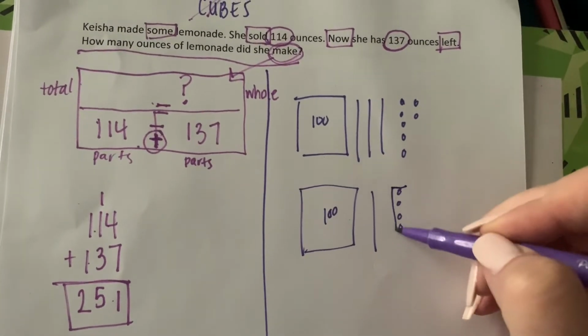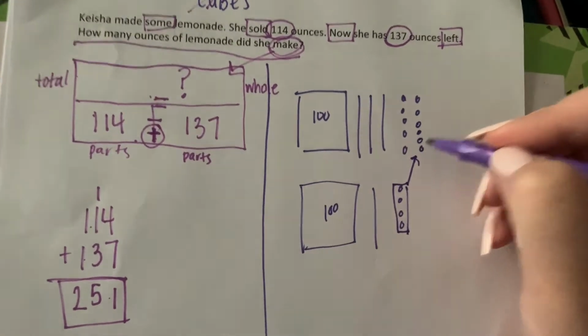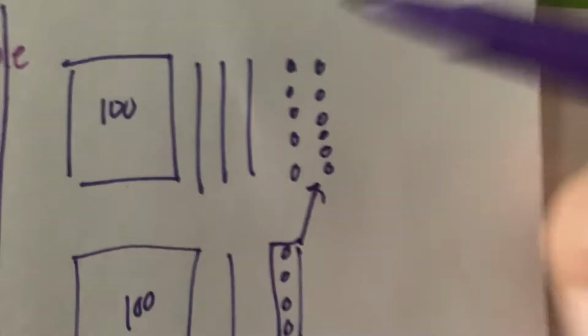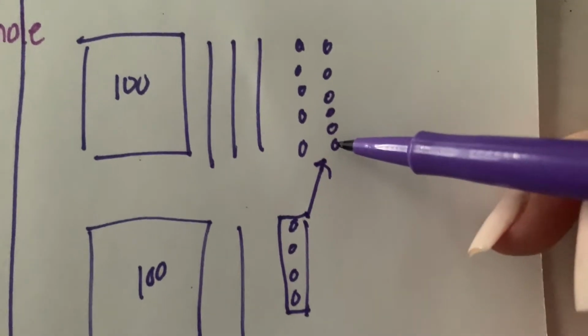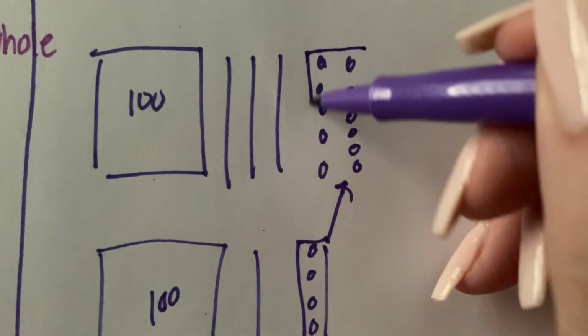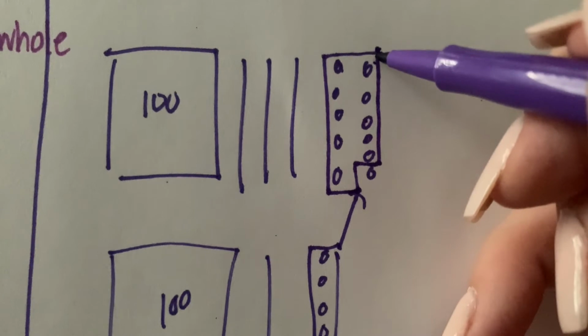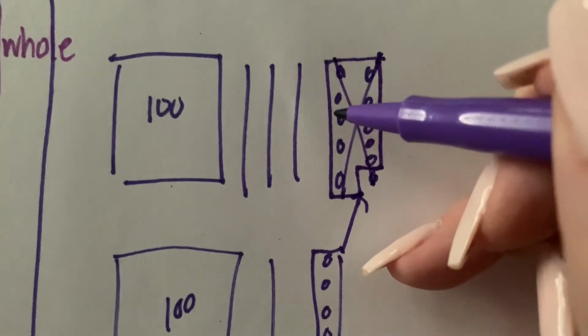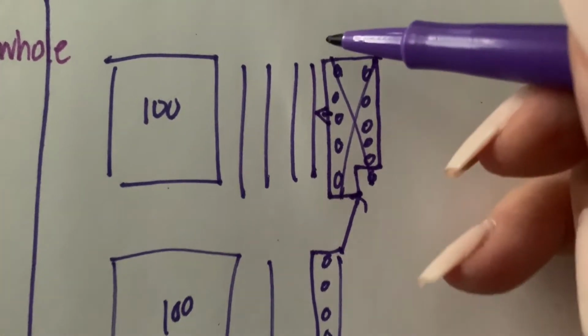So I'm going to take my ones and I'm going to move them up here. Now, I notice I have 1, 2, 3, 4, 5, 6, 7, 8, 9, 10, 11 ones. So I'm going to box 10 of them. I'm going to cross it out, and I've made another 10 now.